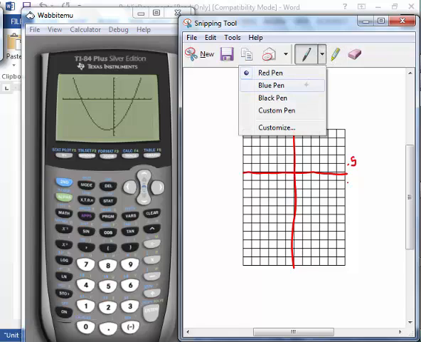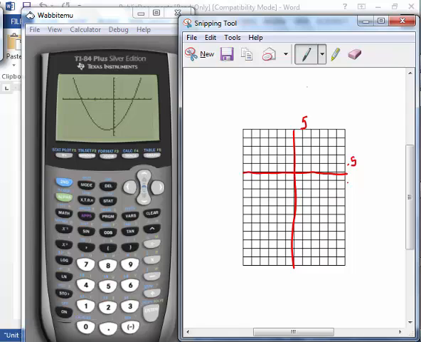Okay, now I'm going to change colors here, and my intercept is 1, 2, 3, 4, negative 5 blocks. 1, 2, 3, 4, 5. Positive 3 blocks. Okay, and it's going to go down 1, 2, 3, 4, 5, 6, 7, 8, 9.